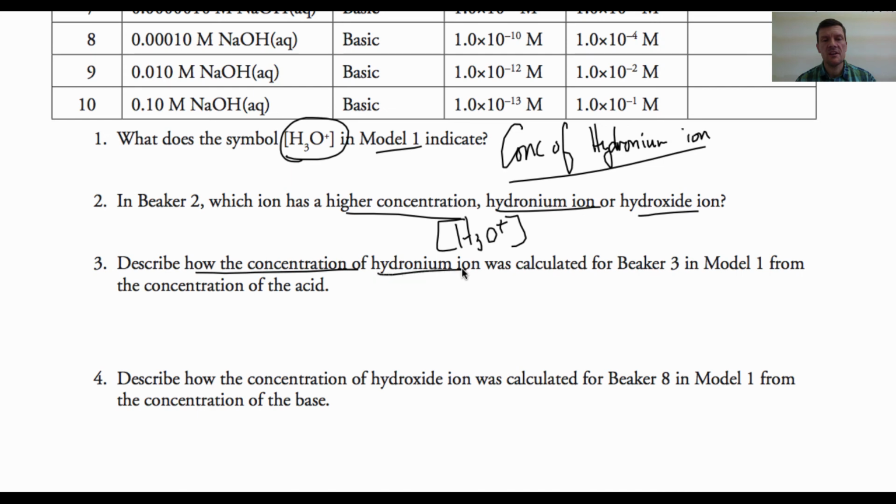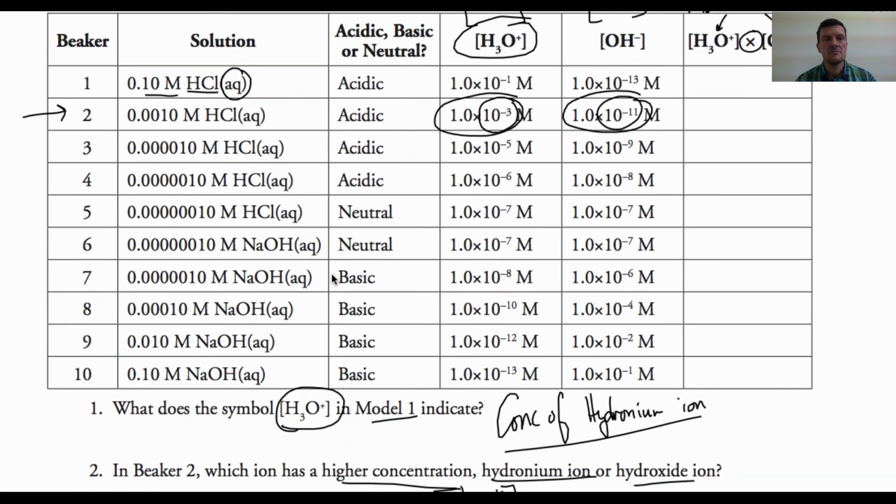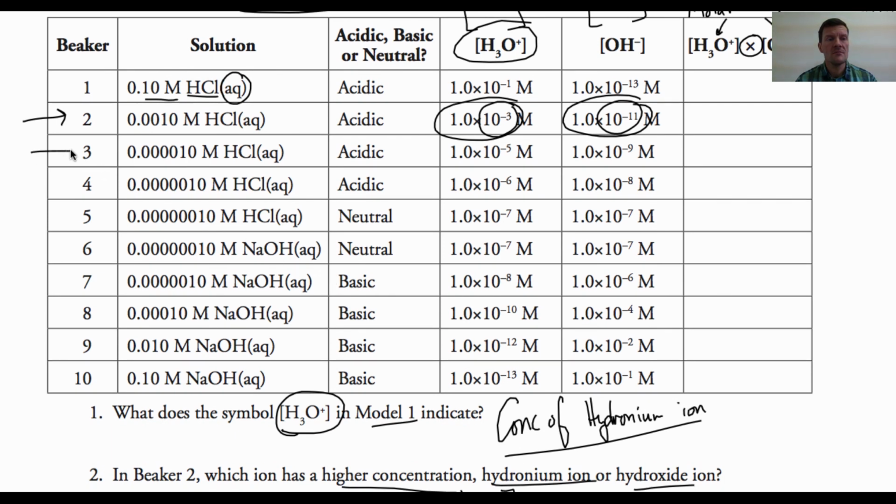Describe how the concentration of hydronium ion was calculated for beaker 3 in Model 1 from the concentration of the acid. So if we look up here in beaker 3, let's compare concentration of the acid and concentration of the hydronium. Well, isn't that interesting? They're exactly the same number. This is 0.00001, which is exactly 1 times 10 to the negative 5 in scientific notation.